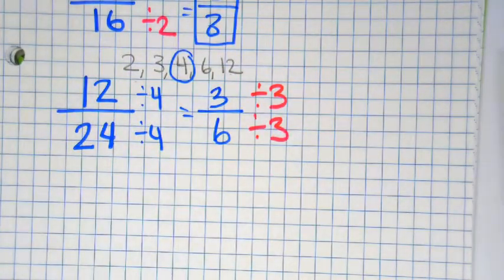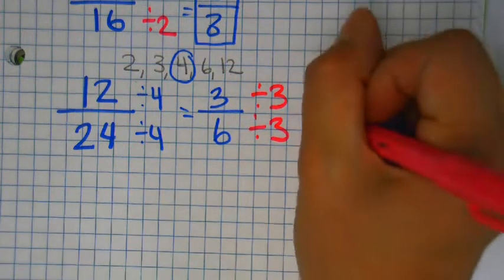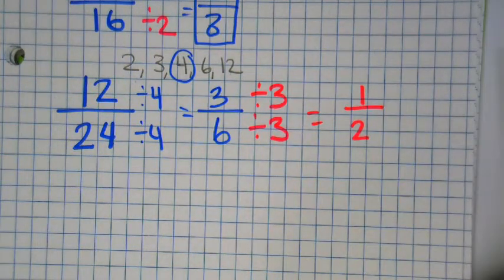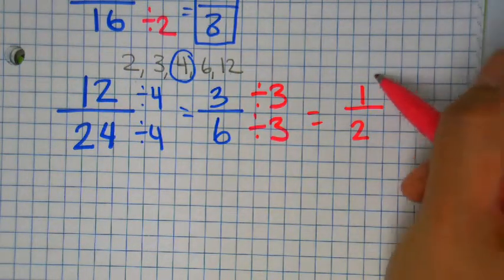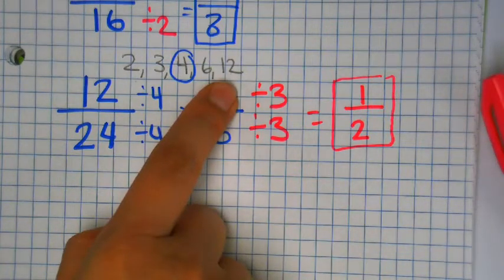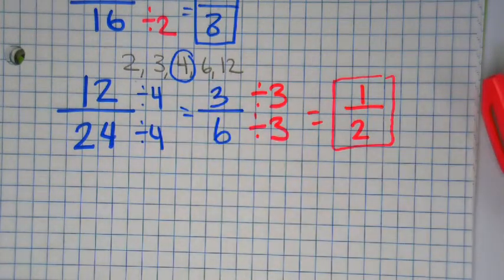What's 3 divided by 3? 1. Javier, we're writing this down. What's 6 divided by 3? 2. Am I done there? Yes, this is my final answer. Now, if you use 12, you would have been done faster. But like I said, sometimes your eyes or your brain don't tell you 12 right away. They tell you a different number, and that's fine.